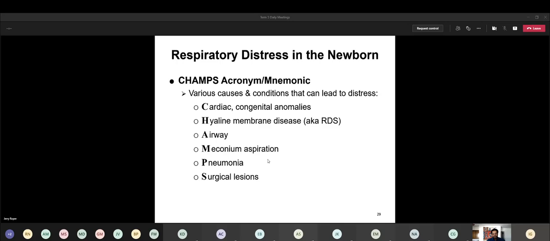or maybe a meconium aspiration situation. Or did the child end up developing pneumonia? And then these surgical lesions.